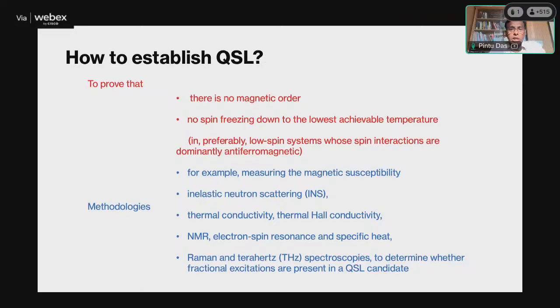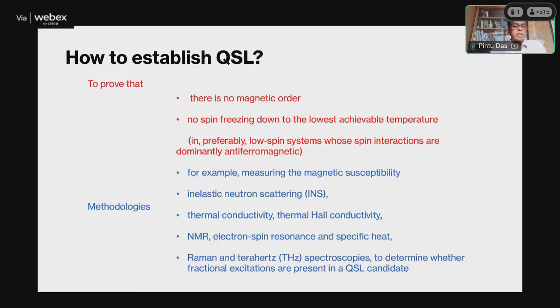For example, one can measure the magnetic susceptibility, typical measurements for magnetism. One can do inelastic neutron scattering measurements. Other than that, thermal conductivity, thermal Hall conductivity, nuclear magnetic resonance, electron spin resonance, specific heat, etc. Those carry specific signatures.